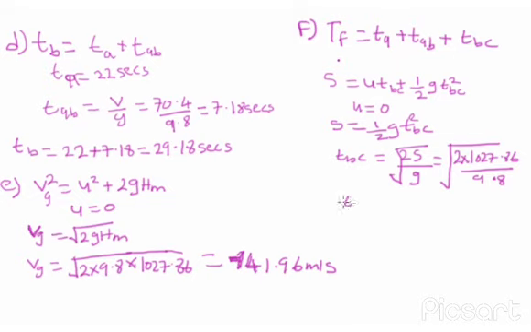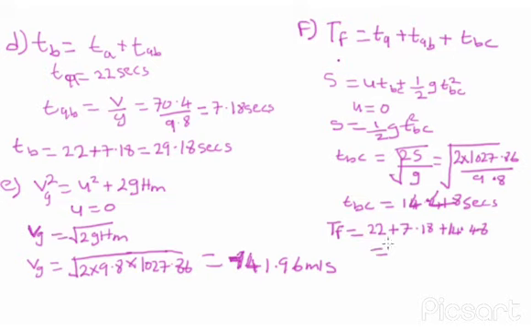So TBC will be equal to, if you use your calculator, 14.48 seconds. I hope that is clear. So now to get TF, it will be equal to TA, which is 22, plus TAB, 7.18, plus TBC, 14.48.